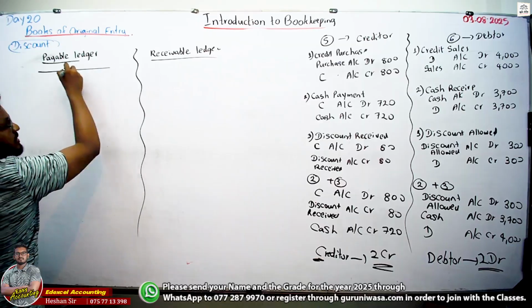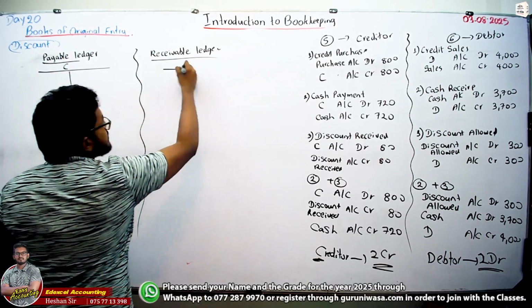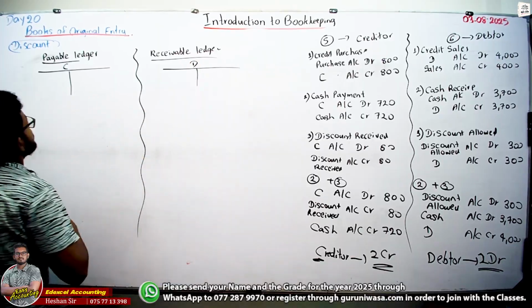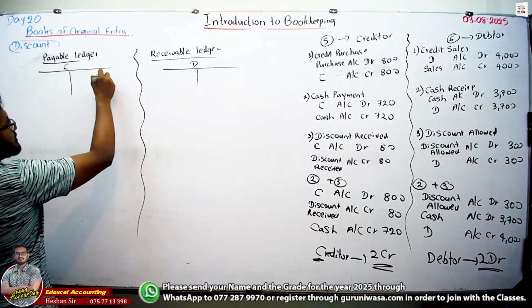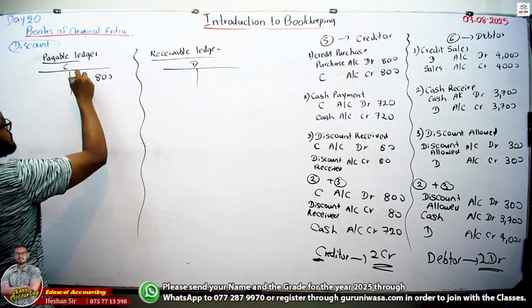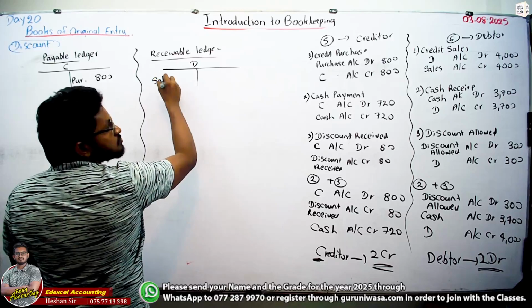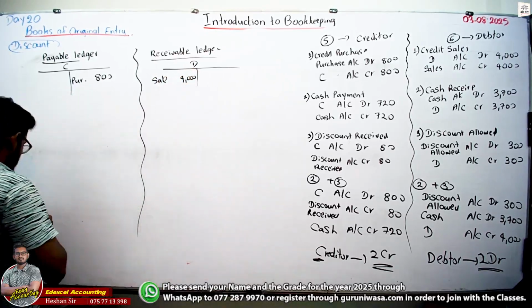So, in payable ledger, we can identify C. In receivable ledger, we can identify D. From C, we purchase after discount 800, purchase. Right? We sold to D 4,000.